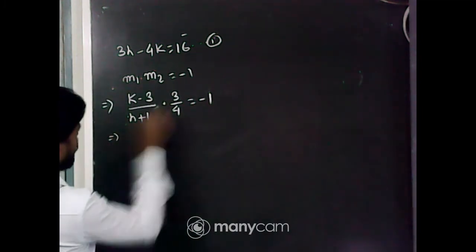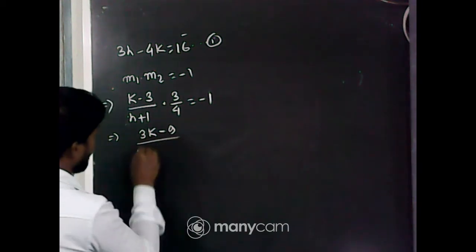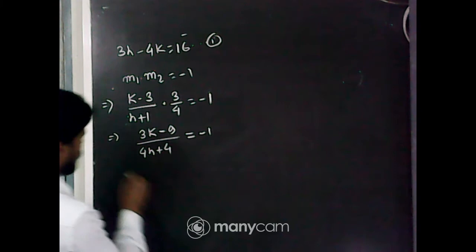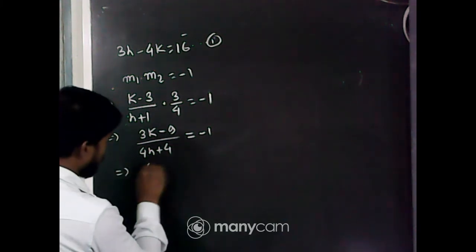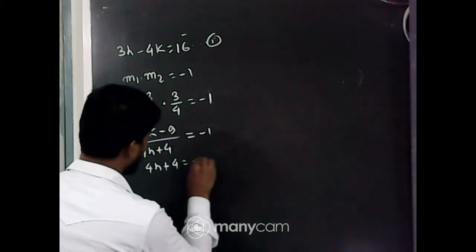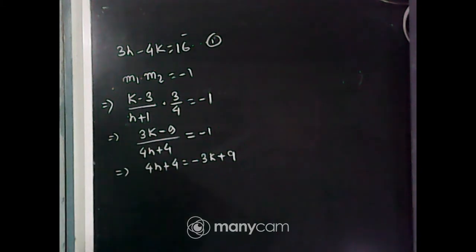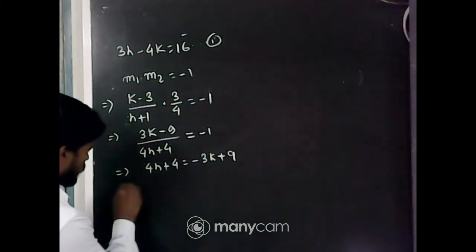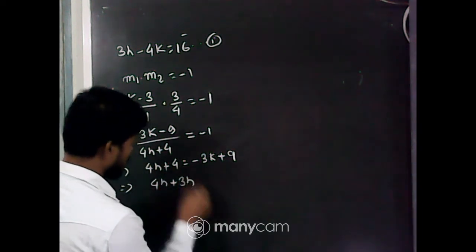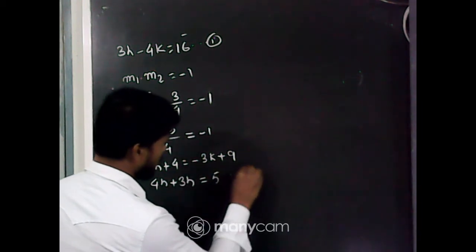If I do the cross multiplication, 3 times (k minus 3) is equal to minus 4 times (h plus 1), which implies 4h plus 4 is equal to minus 3k plus 9, which implies 4h plus 3k is equal to 5. This is our equation number 2.